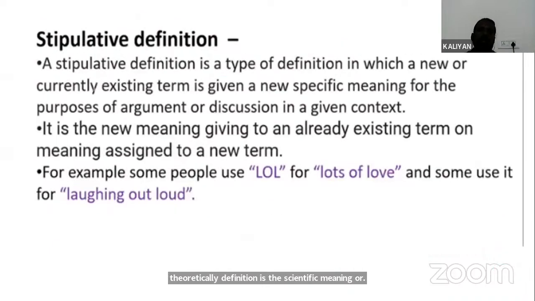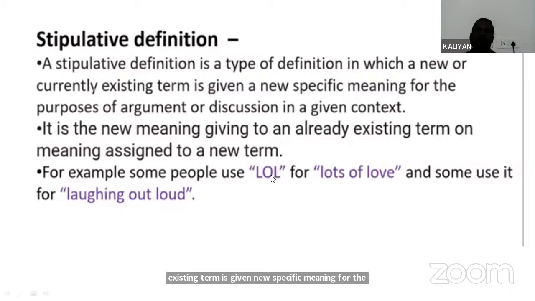And next is the stipulative definition. A stipulative definition is a type of definition in which an already existing term is given a new specific meaning for the purpose of the argument or discussion in the given context. It is giving a new meaning to an already existing term.